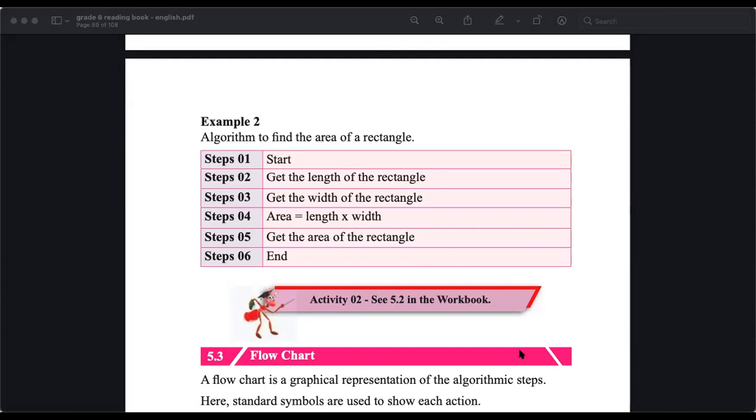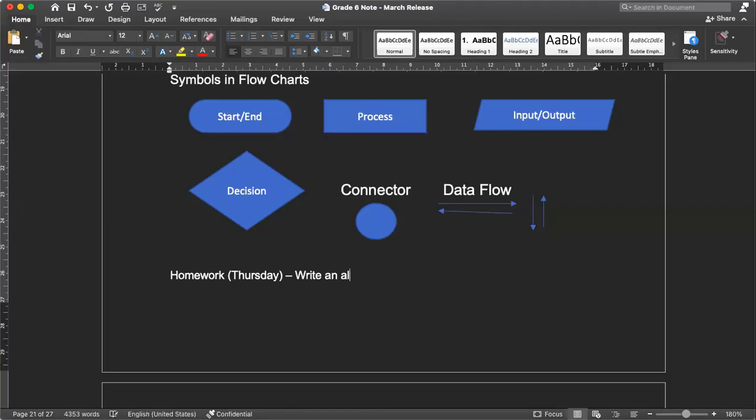Before we finish, let's write the homework. Write an algorithm to find the area of a circle and circumference of the same circle.